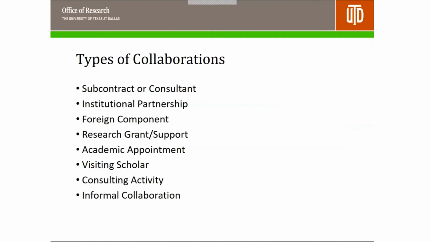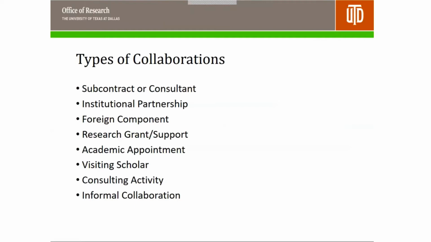The next three involve a foreign component, or you as a researcher receiving a grant or support from a foreign institution that doesn't necessarily go through the university, or receiving an academic appointment at another institution.